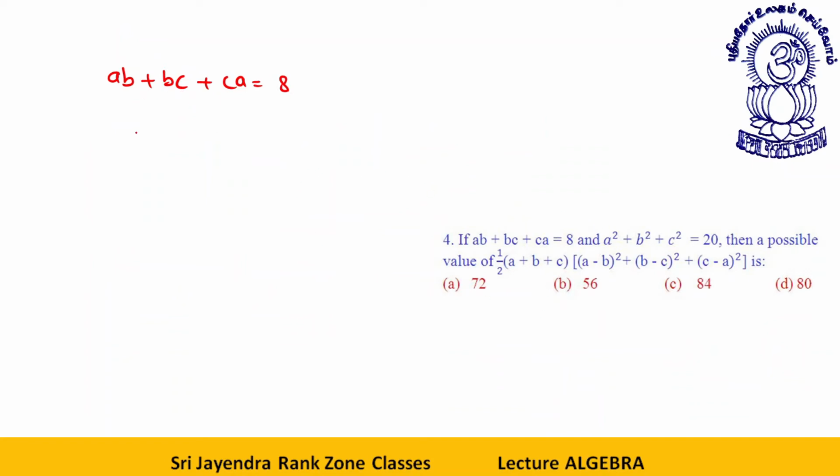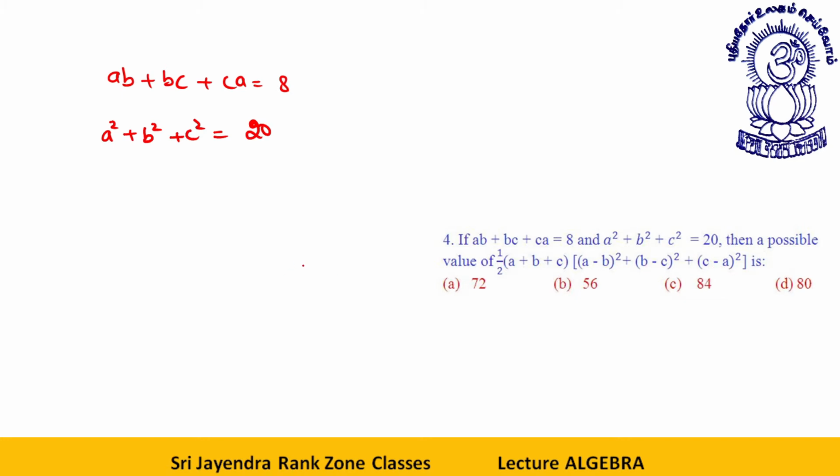ab plus bc plus ca is equal to 8. a square plus b square plus c square is equal to 20. Then a possible value of half (a plus b plus c) times ((a minus b) square plus (b minus c) square plus (c minus a) square) is.